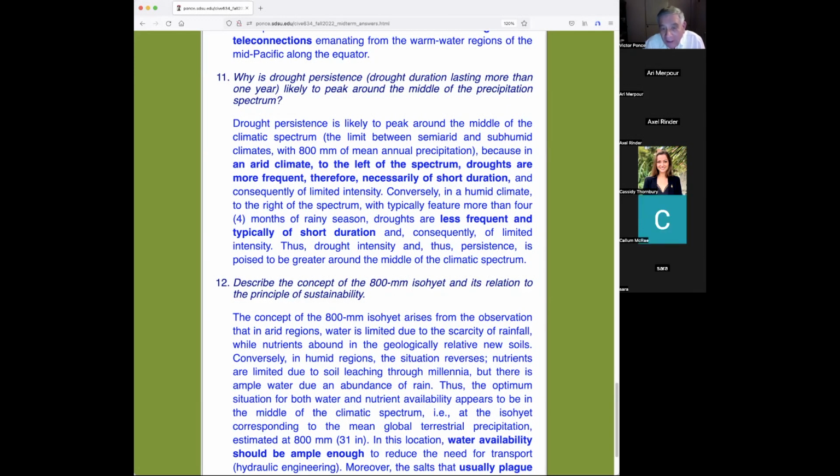So then drought intensity and thus persistence, because the intensity is related to the persistence, meaning how many years, is poised to be greater around the middle of the climatic spectrum. And that has been documented by a lot of people, by the way, particularly US researchers that have done drought studies, intensity, duration, frequency, all over the United States. There's many articles on that. Okay, so the drought intensity is greater around the middle of the climatic spectrum.